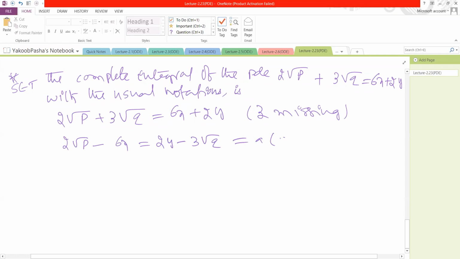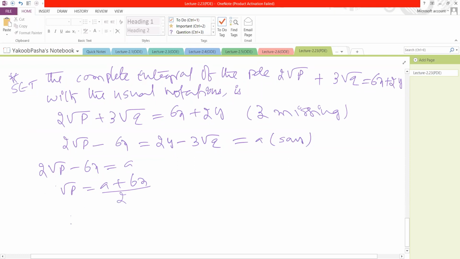So now solve these two equations for p and q. First I am taking 2 root p minus 6x is equal to a. From this we can write 2 root p is equal to a plus 6x and root p is equal to a plus 6x by 2.